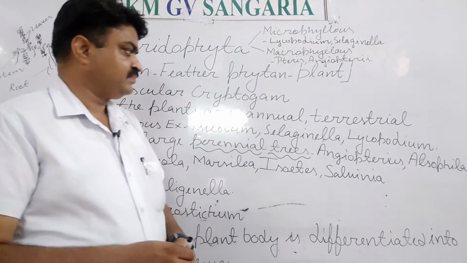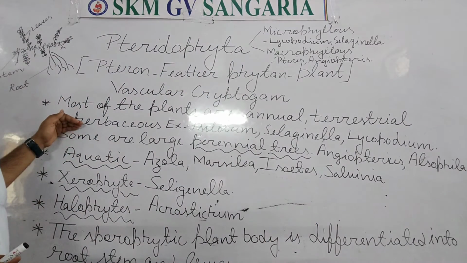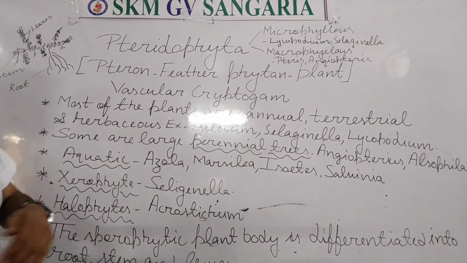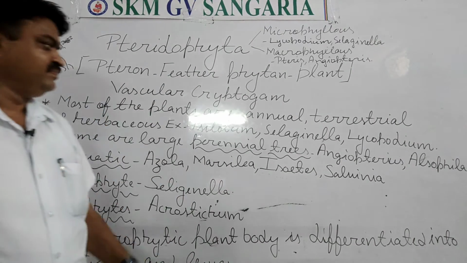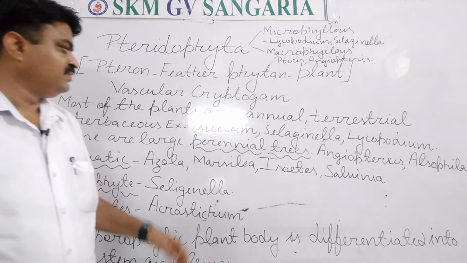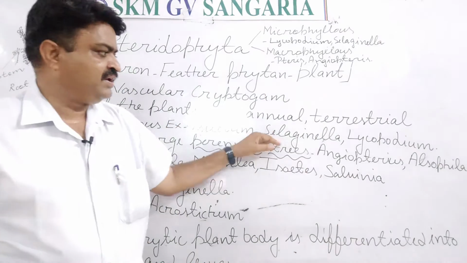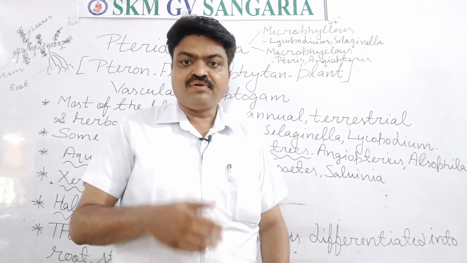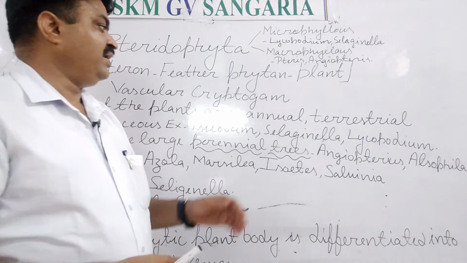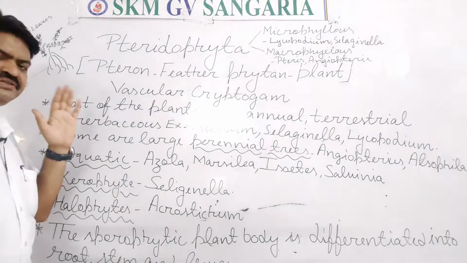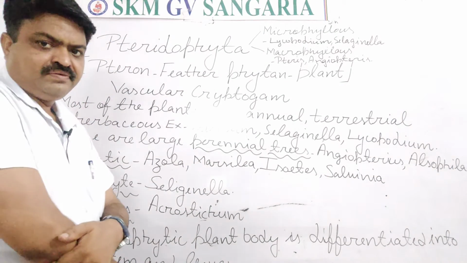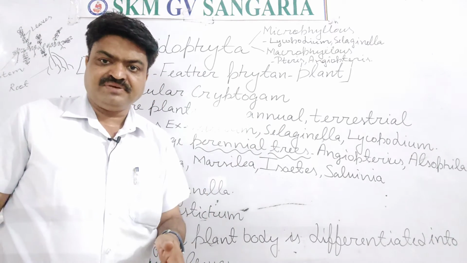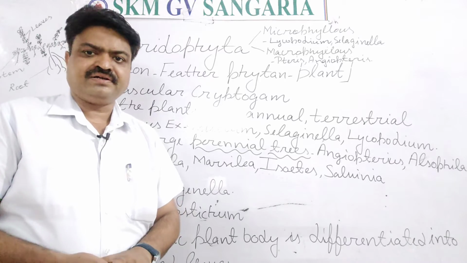Examples of these pteridophytes that are annual, terrestrial and herbaceous are Psilotum, Selaginella and Lycopodium. Terrestrial means the plants are found on land.